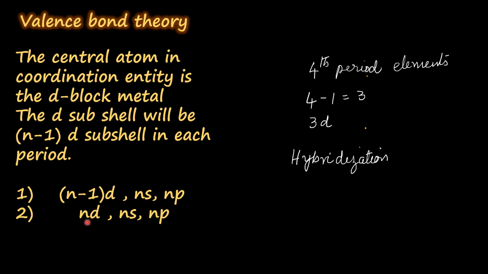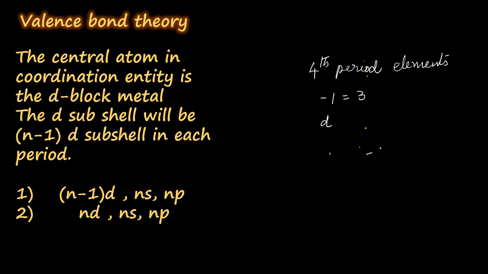Or the outer orbital d, that is nd, ns and np. Here also only the required orbitals or orientations will undergo hybridization. For example, 5d, 5s and 5p or 4d, 4s and 4p.